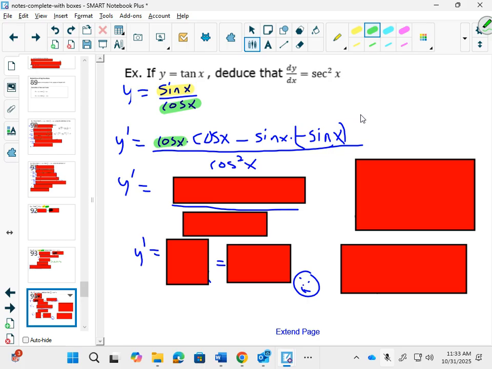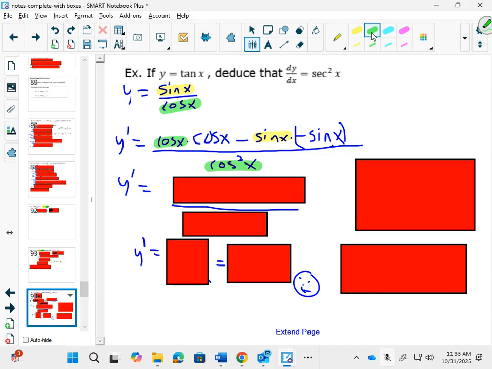The derivative of sine is cos. Minus, keep the top the same times the derivative of the bottom, new shortcut. Derivative of cos is negative sine, over the bottom squared. And we're supposed to get that this is equal to secant squared.